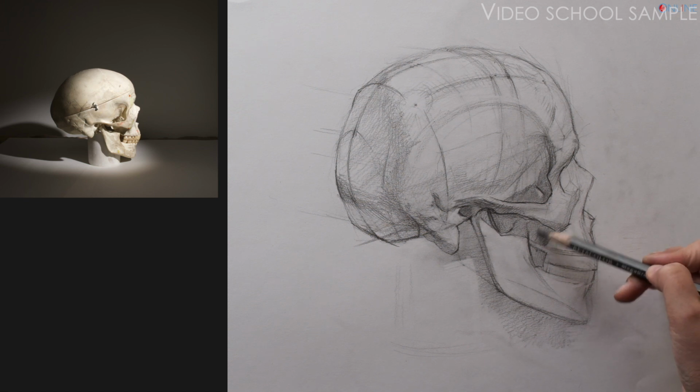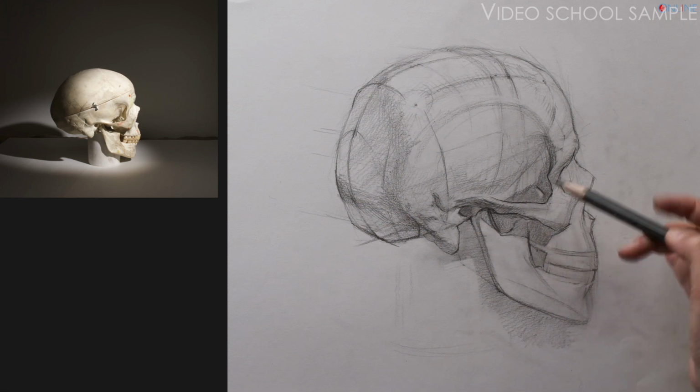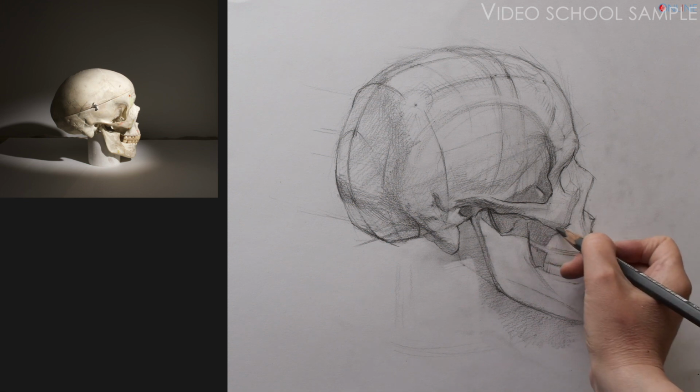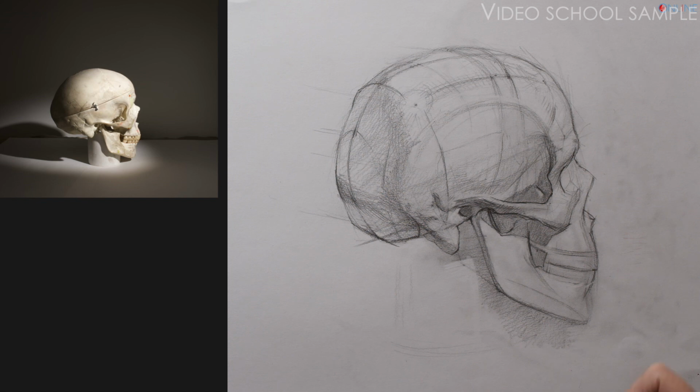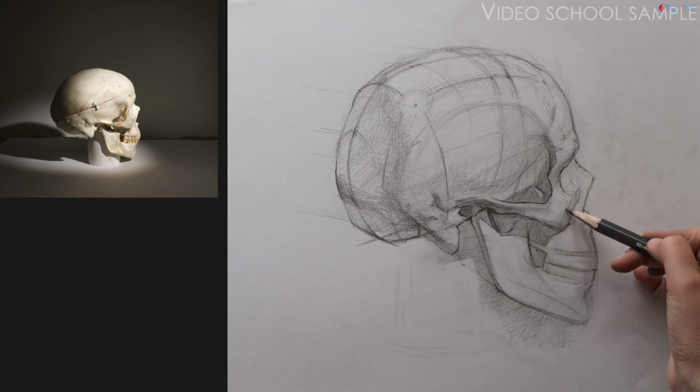The darker part of the cast shadow. Showing the obvious plane of the cube and adding a little bit more tone to it.